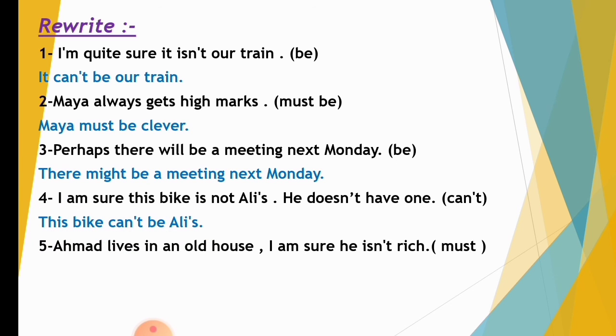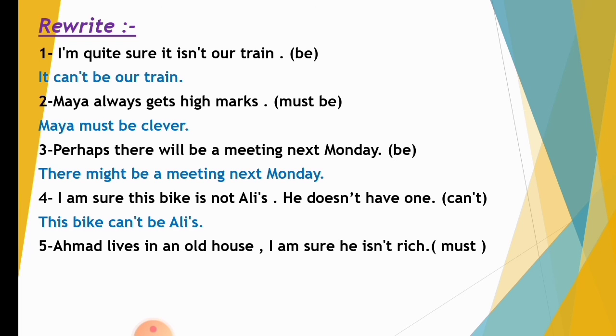Number 5. Ahmed lives in an old house. I'm sure he isn't rich. I'm here asking you to use must. So try to think carefully. You have to get here the opposite of the adjective to give the equal meaning. Yes, excellent. So the opposite of rich is poor.